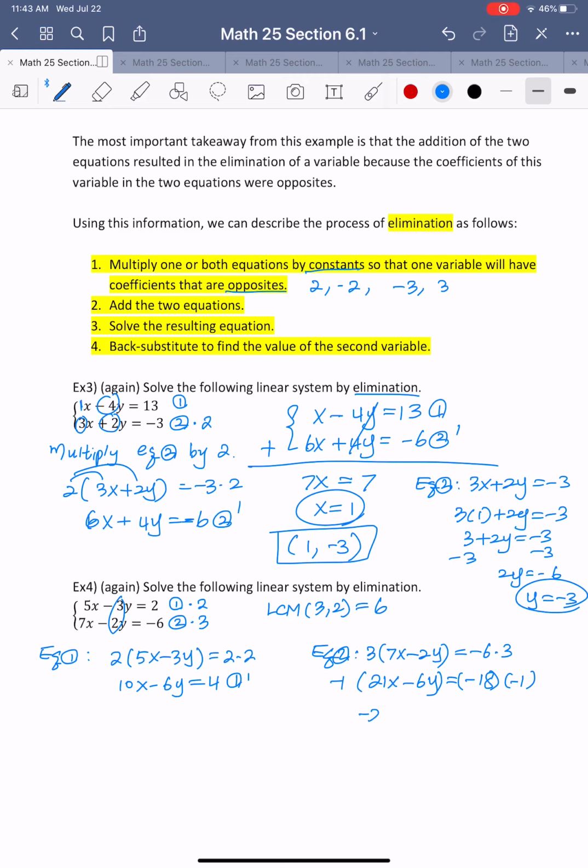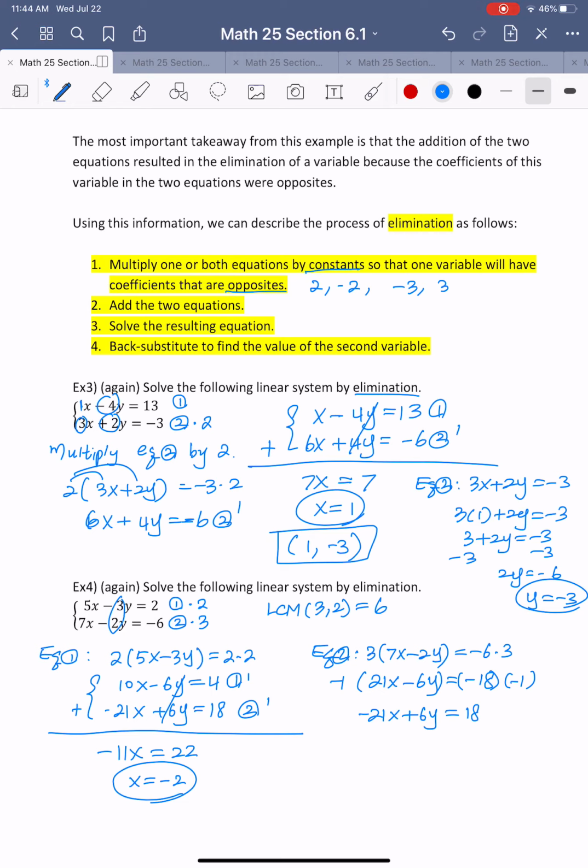And then I got negative 21x plus 6y equal to 18. So I'm going to put that on here: negative 21x plus 6y equal to 18, which is 2 prime. Add them up. So I got negative 11x equal to 22, divided by negative 11 is negative 2.